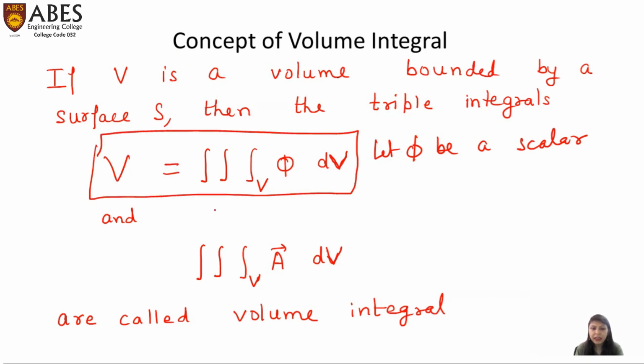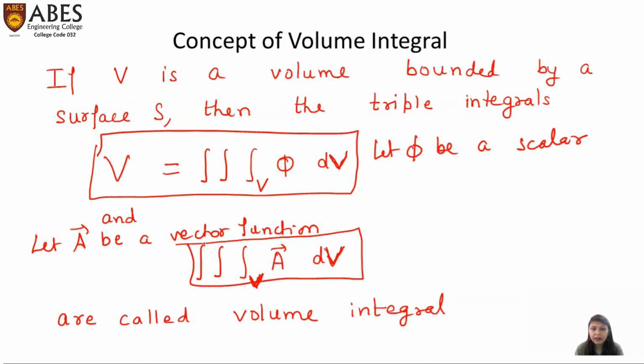And in this case, let A be a vector function, and V be any volume, V is any closed region bounded by a surface, it is called a volume integral, and the representation of this volume integral is this.